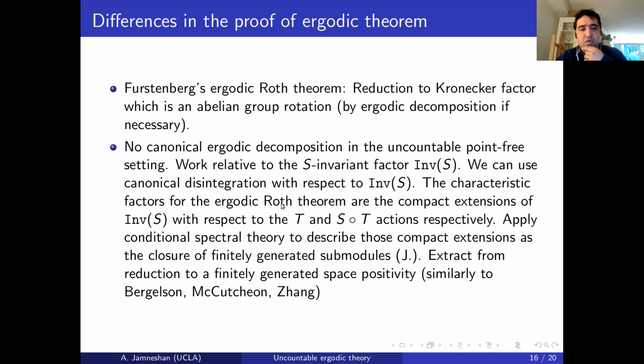So what we have to do is work relative. There were two actions, S and T. So we have to work relative to the invariant factor induced by one of those actions, S. And then we have to do basically the same analysis, which is done here, relative to that, over the fibers of that invariant factor. But to do that, we need to pass to a canonical system.